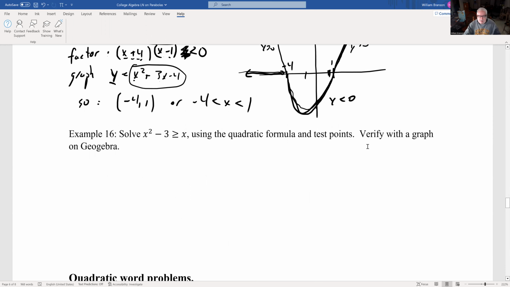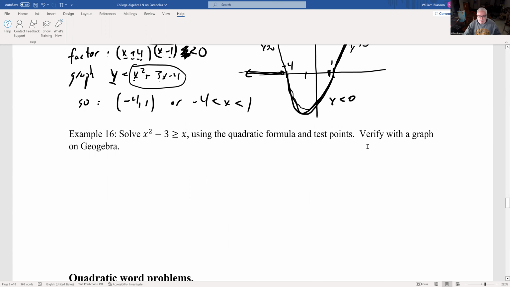And so a parabola can only change sign if it actually goes through an x-intercept, right? You can only change from positive to negative when you go through an x-intercept. You can only change from negative up to positive if you go through an x-intercept. So in between these x-intercepts and outside of these x-intercepts, the function doesn't change sign.